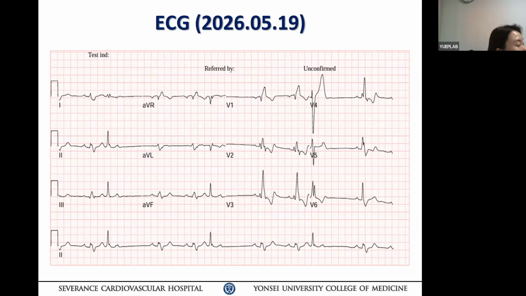But I'm still not sure, since the baseline is right bundle branch block, how could the premature beat show a narrow QRS? I'm just hypothesizing that maybe it showed some contraction in the left bundle.